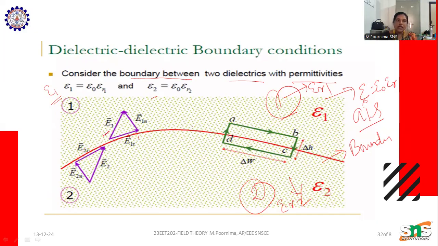We have E1n and E1t, and E2. Here we are taking a particular area, with change in height and change in width. The flux flows through this particular area.